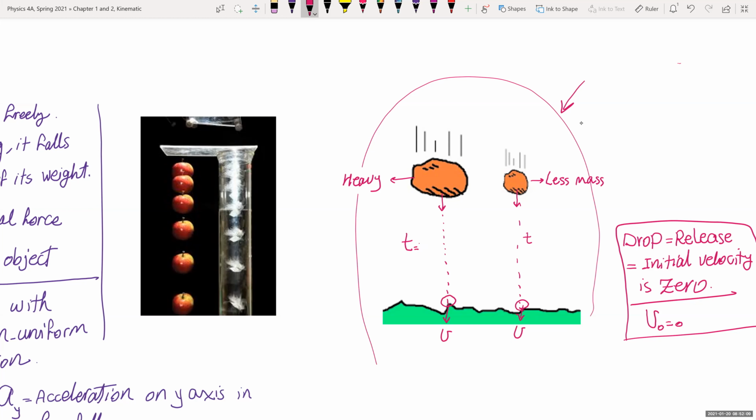For example, if this takes 2 seconds, this will also take 2 seconds. If the speed of collision of the heavy rock and planet Earth is, for example, 20 meters per second, this one is also 20 meters per second.